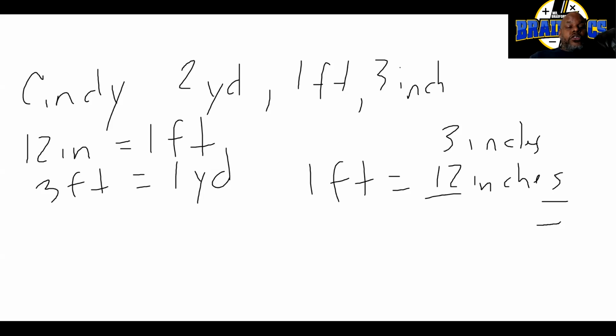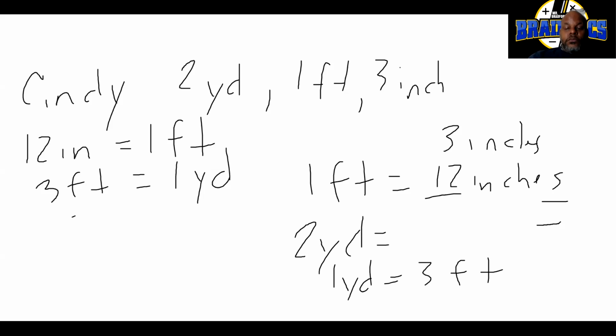All right, and we also have 2 yards. 2 yards is equal to how many feet? Well, if 3 feet are in 1 yard, 1 yard is equal to 3 feet, then 2 times 3 is equal to 6 feet.